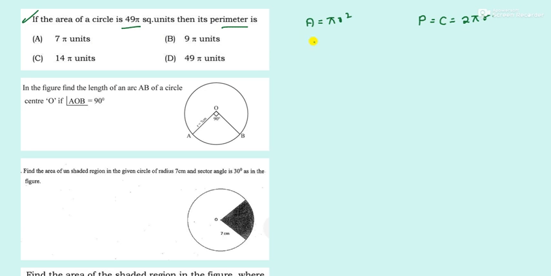Now they have given area as 49 pi. This is equal to pi r square. Pi gets cancelled. R will be root 49, and that is equal to 7. Correct? So r is 7 units. Now what is the perimeter? Just substitute 2 pi into 7. So that is 14 pi. Do we have that option? Yes, option C is there and that is the right answer.